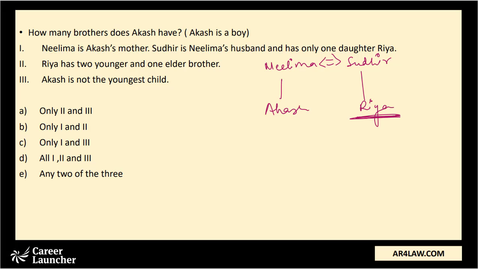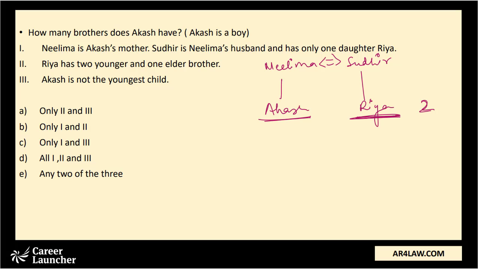So apart from Akash, who is a brother, there should be 2 more boys who are brothers to Riya. Independently this does not help me, but when I combine the information given in statements 1 and 2, we can answer how many brothers Akash has: Akash has 2 brothers apart from the sister Riya.